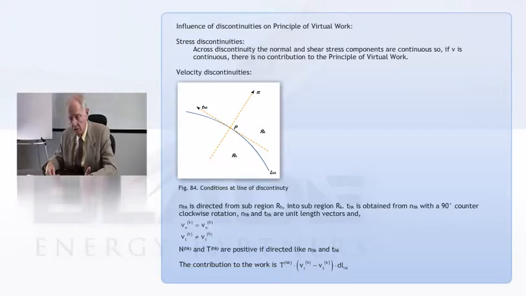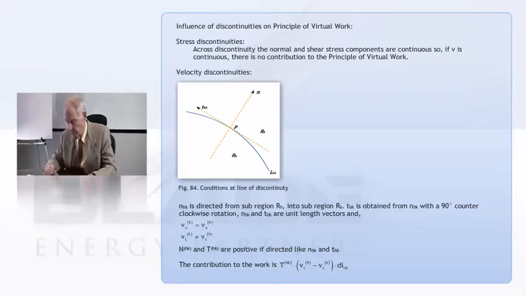On the velocity discontinuities, you could guess how it would contribute, because the principle of virtual work is really an energy type statement. So if there's energy dissipated somehow or another at a velocity discontinuity, you've got to throw that in the hopper because you've got to account for all the energy going in all the different places.